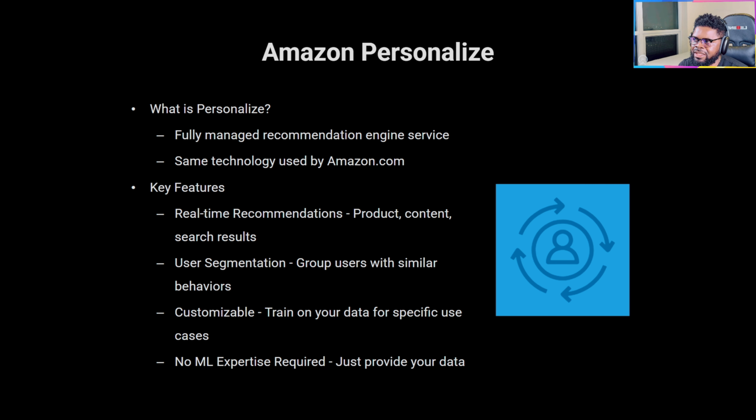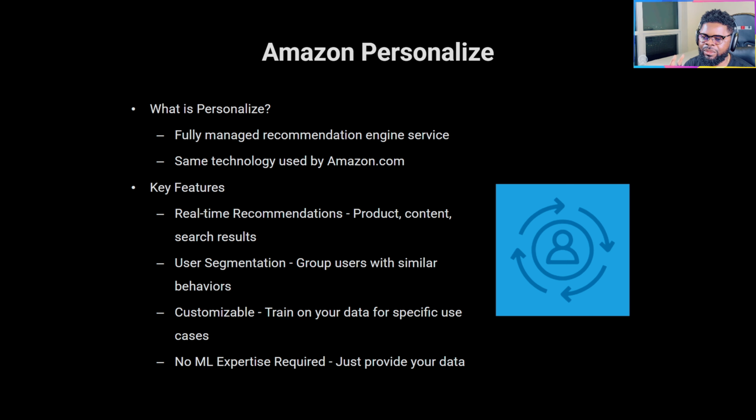In the process of recommending, you can begin to see people who are similar, who like certain things versus the people who like other things. You can also do customizable training on your data for a specific use case. Personalize is one of those services where you can train your own data for a specific use case that you want to capture, right?